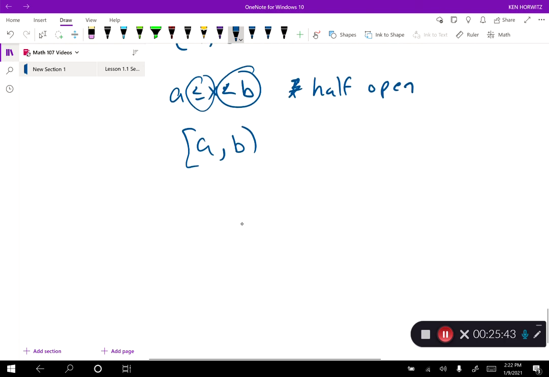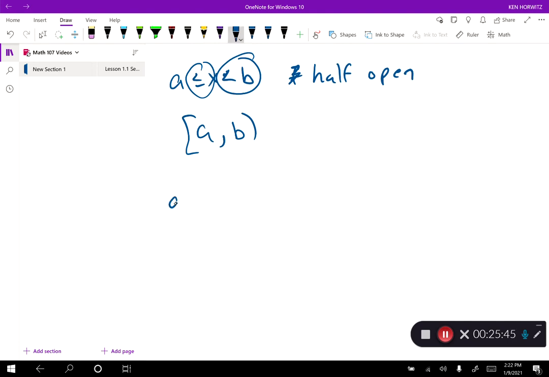And I can do a very similar thing like this. Still, it's a half open or half closed interval. So I have a, b, and this side gets the bracket.